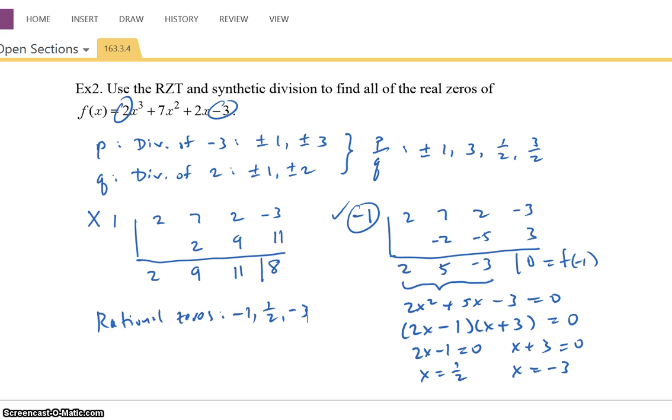Positive 1/2 and -3 are two of the possible p over q rational zeros that we listed according to the rational zero theorem. So if you find additional rational number zeros, then those are going to appear in the list of possible rational zeros that you constructed initially.